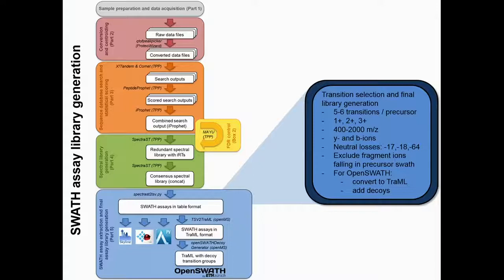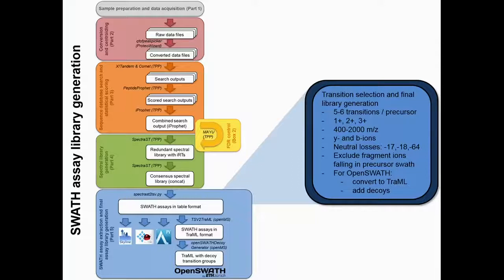So for example, if your peptide is at like 515 and your window is from 500 to 525, then we select fragment ions that are less than 500 or more than 525 and not in that range from 500 to 525, because you tend to get a lot of noise in here.